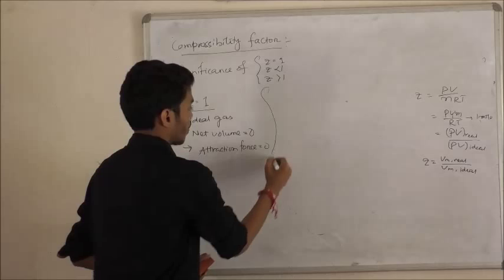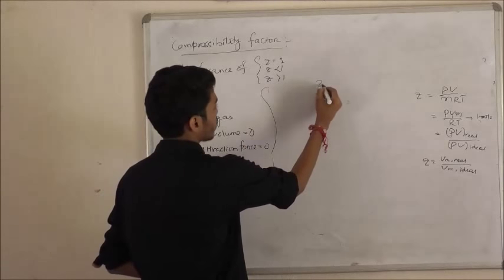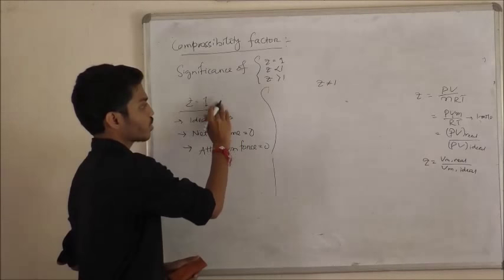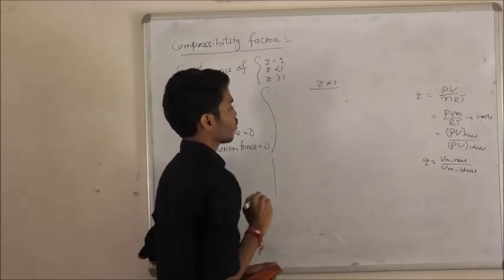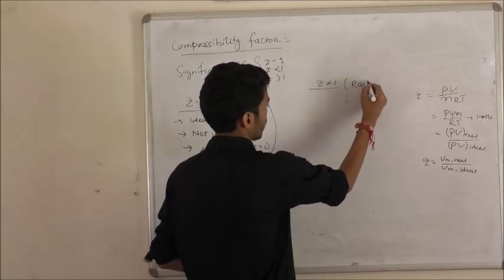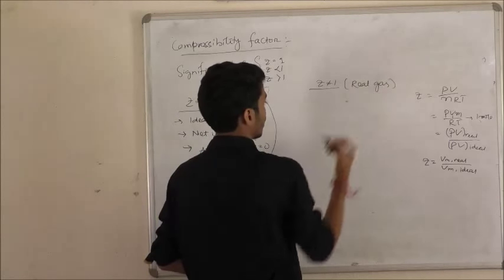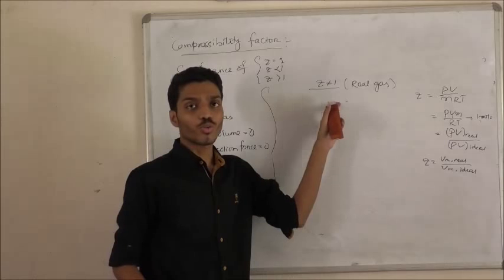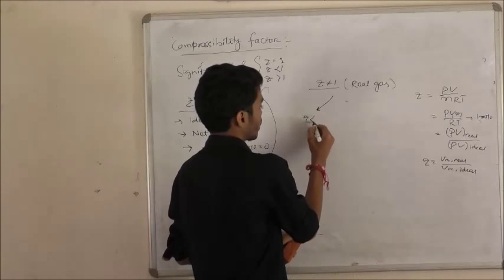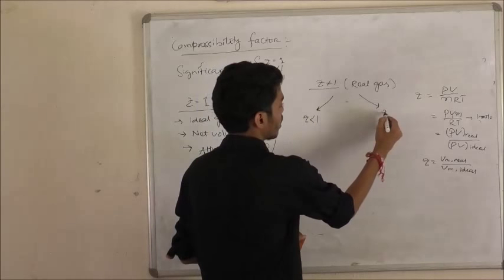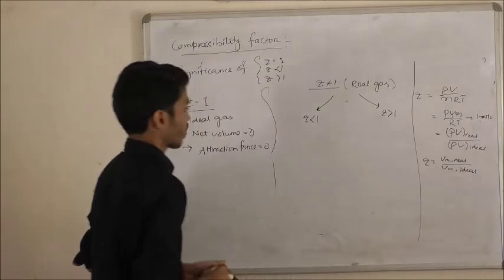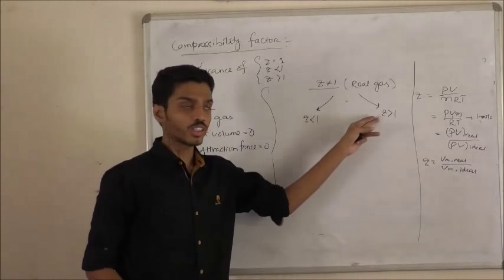Okay, but when Z is not equal to 1, this is a real gas, and when Z is not equal to 1, it has two cases. First case is Z less than 1, and second case is Z greater than 1. Now let's understand these two cases.